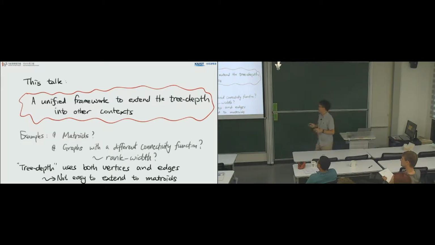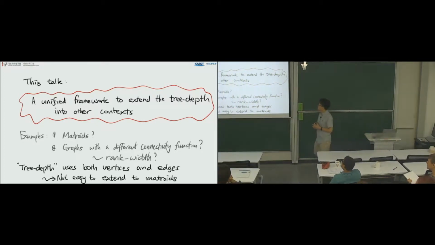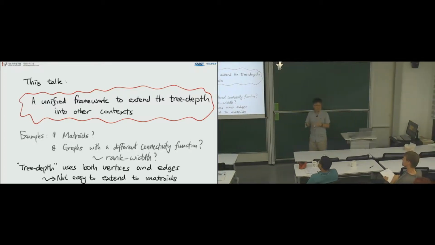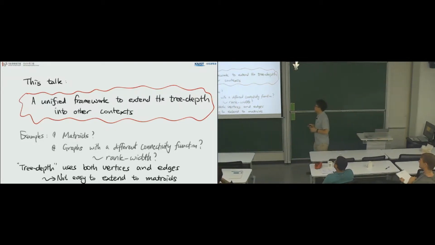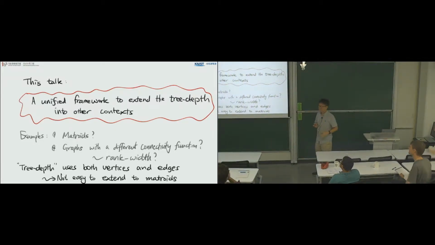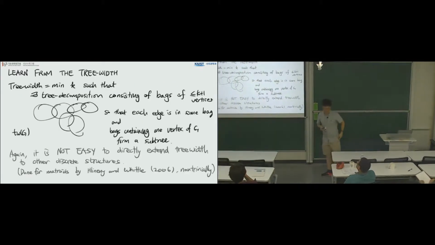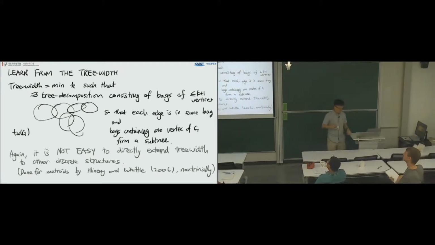So that's my question. We want to have some unified framework that could extend the tree depth to other discrete structures where we are given some connectivity function. Okay, so that's the aim. That's why we want to think of something else.